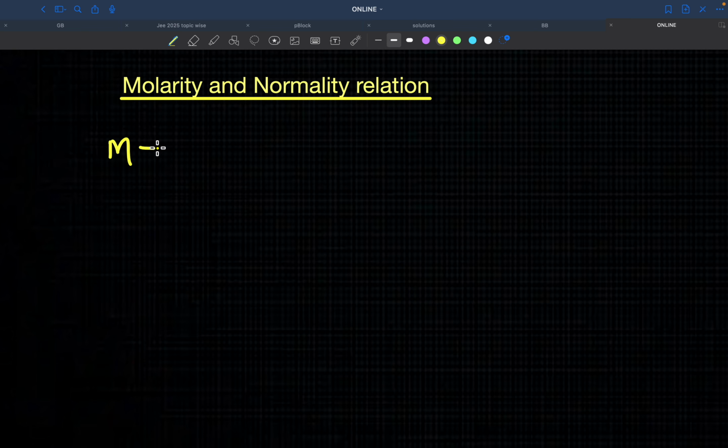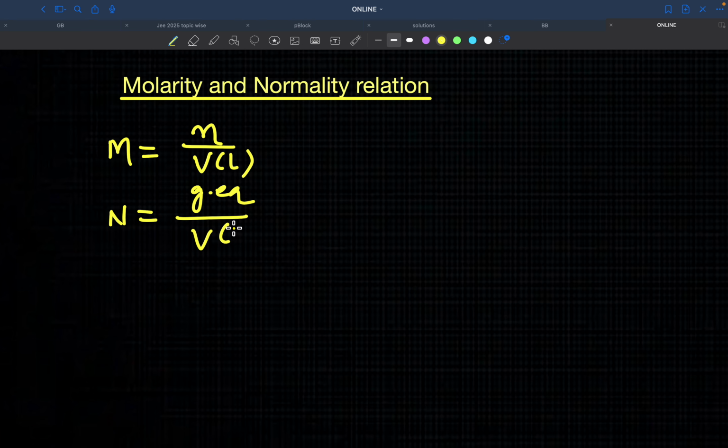Molarity equals number of moles by V in liters. Normality equals gram equivalents by volume in liters. This is the formula.